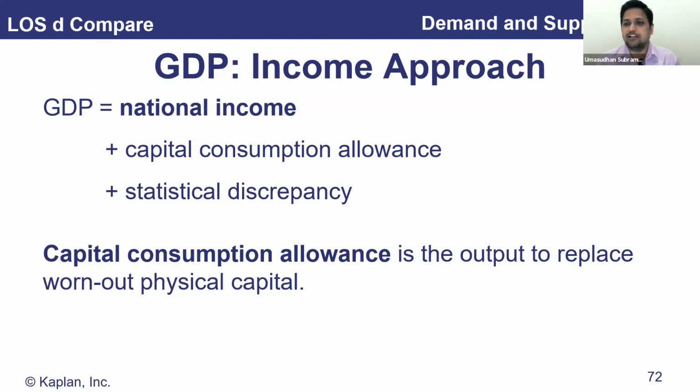Calculating GDP is not an easy exercise, because there are so many problems like double counting that come up. Because of that, you might have some difference. That is what we call statistical discrepancy, which gets added into your GDP to match both approaches.